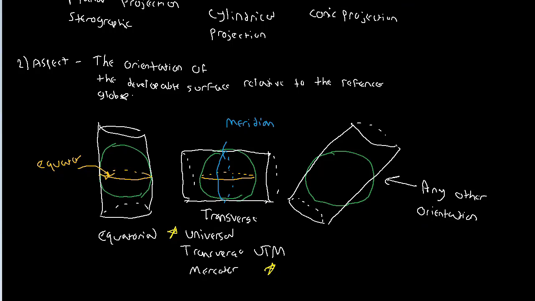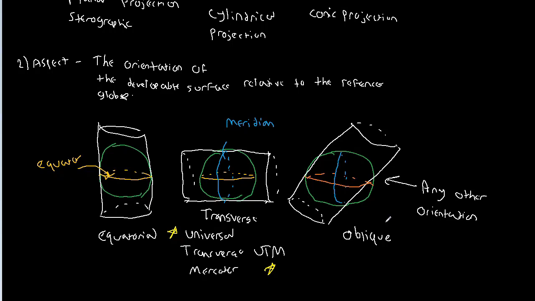Again, just for reference, let's throw the equator back up here so you can see we're not changing the orientation of the reference globe at all. We still have our meridian and our equator here. We haven't changed the orientation of the Earth. We simply rotated the developable surface. Any other orientation, we call this oblique.